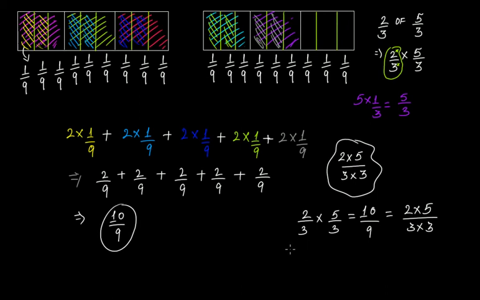So 2/3 times 5/3 is equal to 2 times 5 over 3 times 3. That is, multiply numerators together, then divide by the multiplication of denominators together. So this is a way to multiply a proper fraction by an improper fraction.